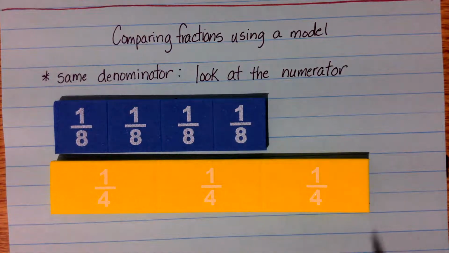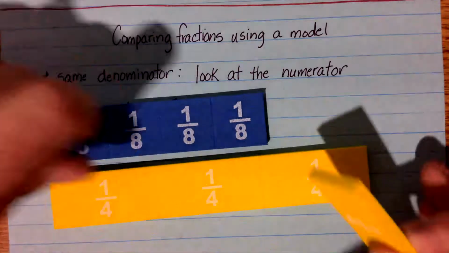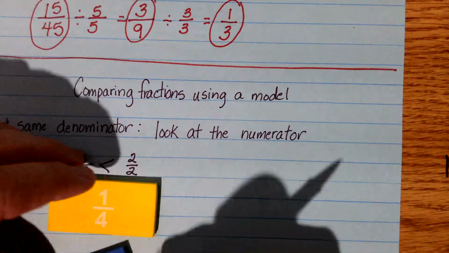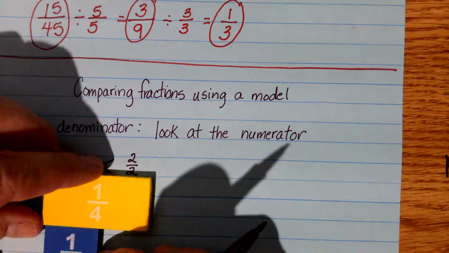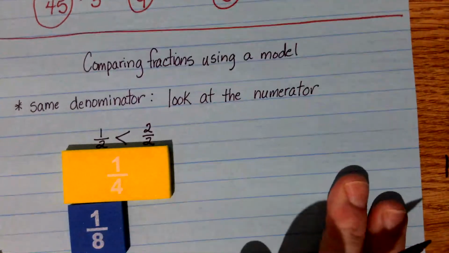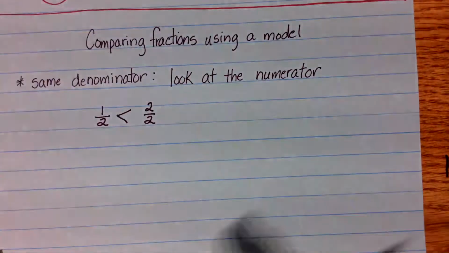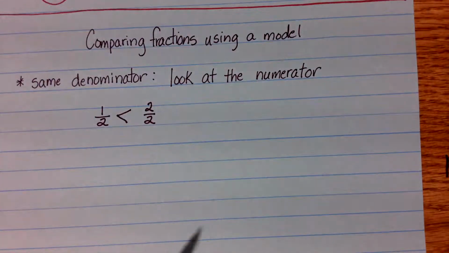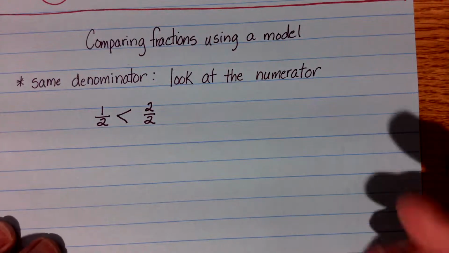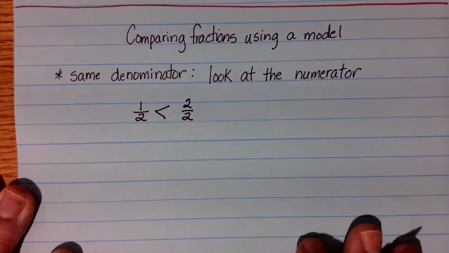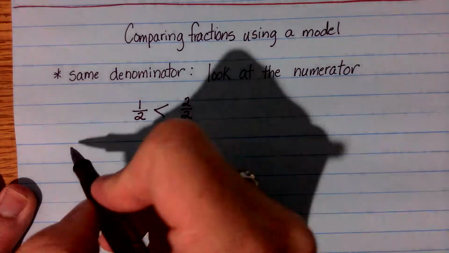So fourths, if we look at 1/4 against 1/8, 1/4 is quite a bit bigger than 1/8. It takes 2/8 to make 1/4. So again, the assumption when we're comparing fractions is that the whole of the item that you are comparing is the same size.